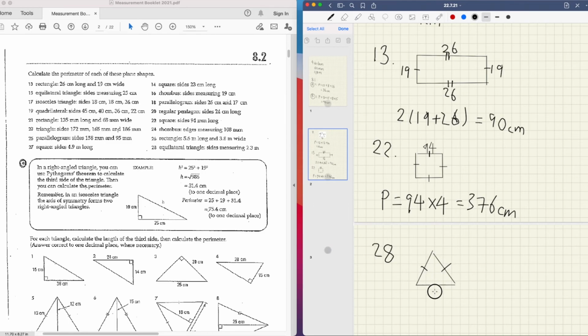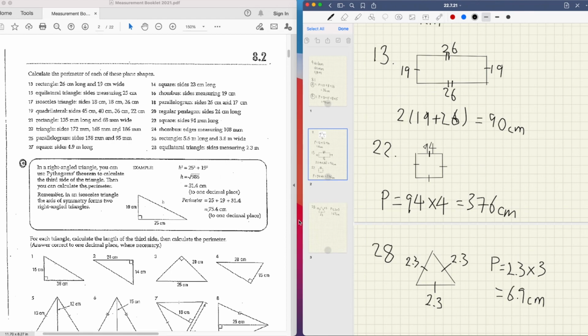So 2.3. This is also 2.3. And this is also 2.3. Now to find the perimeter of this shape, all we need to do is add up the length of all the sides, or you can just do P is equal to 2.3 times 3, right? So this way you will get what? 6.9 centimeters. Okay.